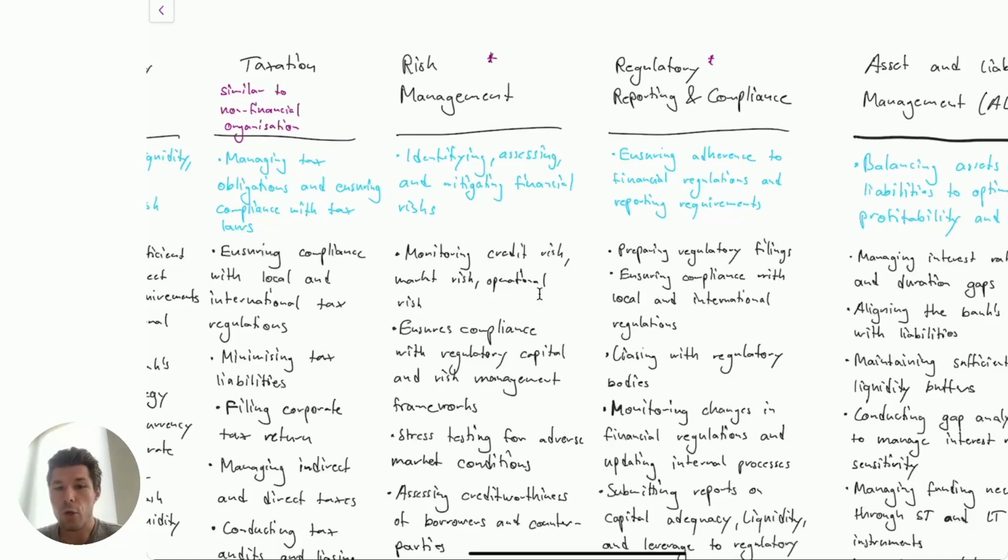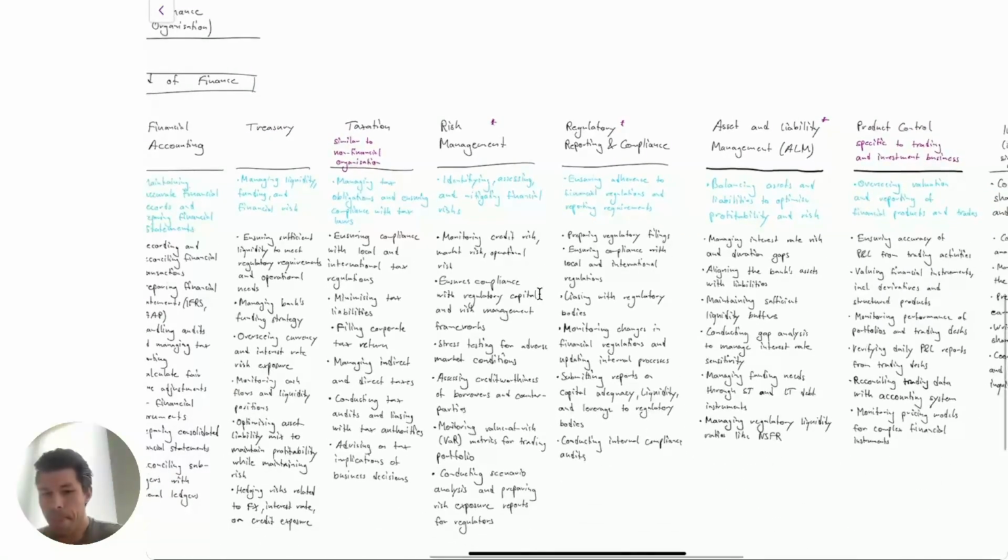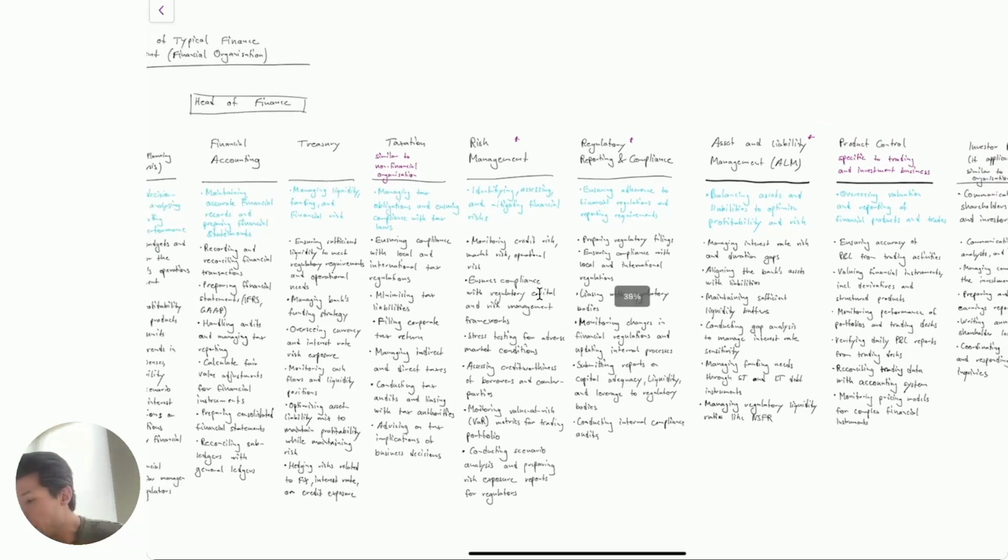If we look at regulatory reporting and compliance, they are responsible for the operational reporting and documentation required by regulators, and to ensure these are accurate, timely, and compliant with all laws and regulations. So it really depends on where you look from, there are slight nuances, but in general, yeah.